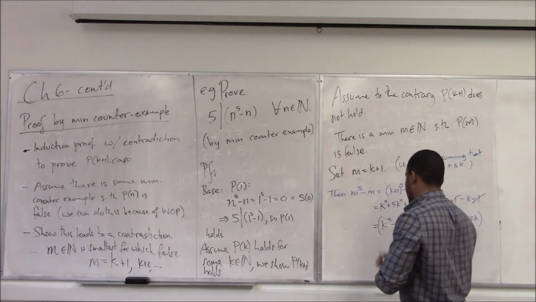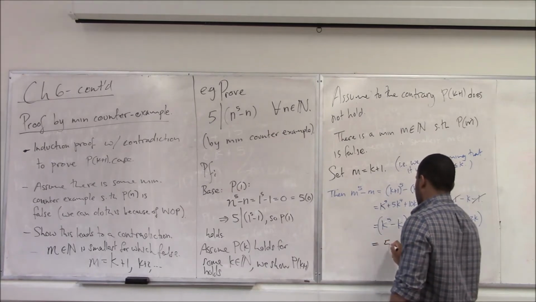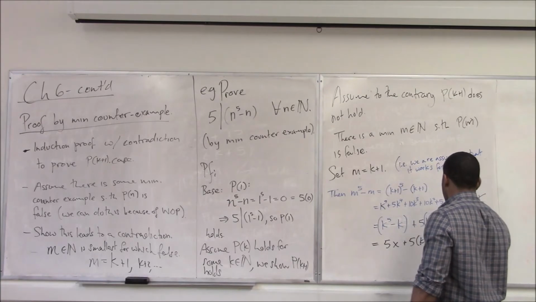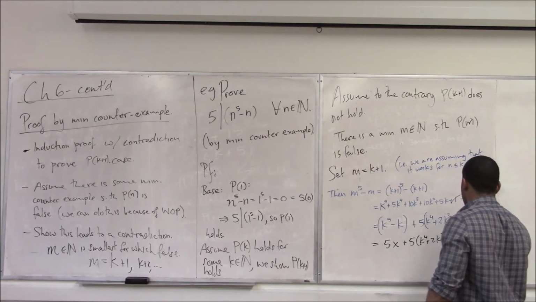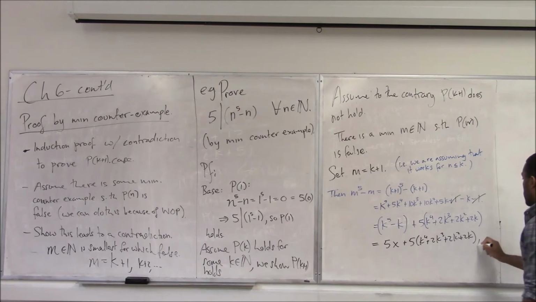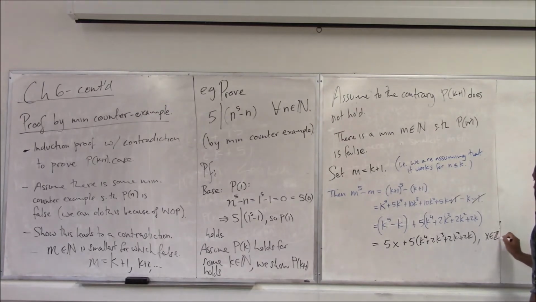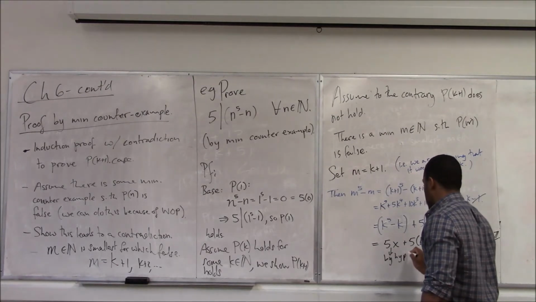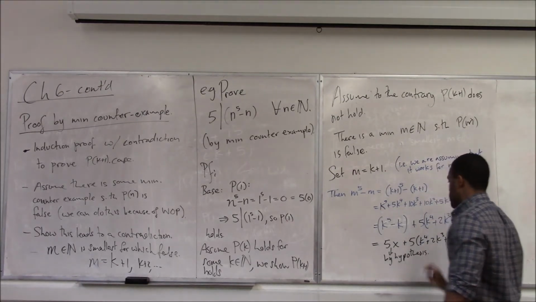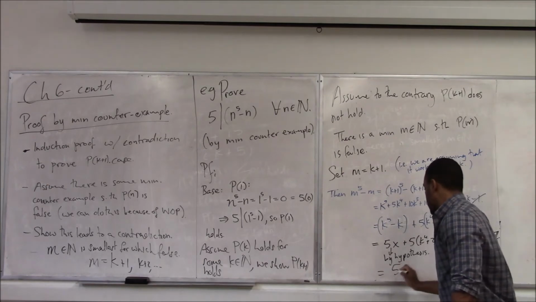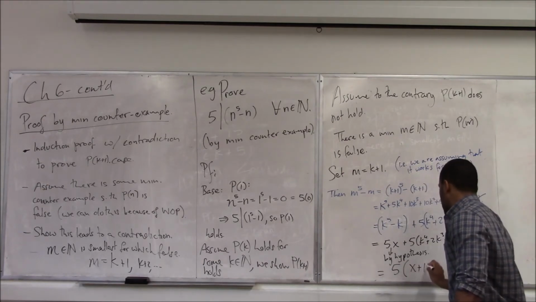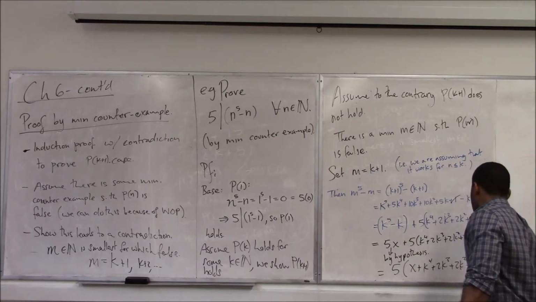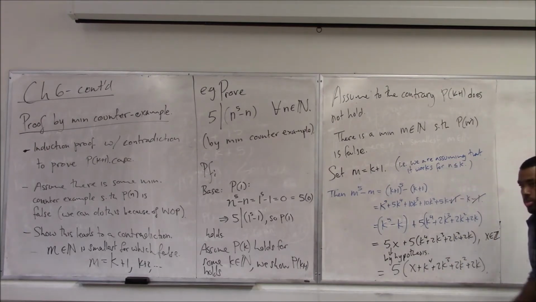Because now I can say, this is 5 times x plus 5 times k to the 4th plus 2k cubed plus 2k squared plus 2k for some integer x, and this happens by the hypothesis step. Right? So this whole thing is 5 times one big integer, x plus k to the 4th plus 2k cubed plus 2k squared plus 2k. And so 5 divides it.